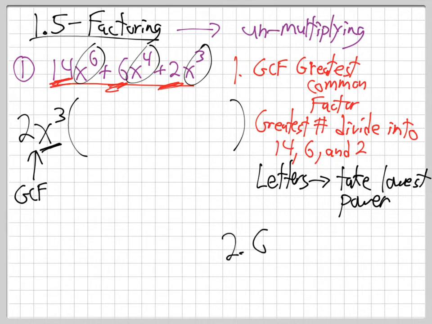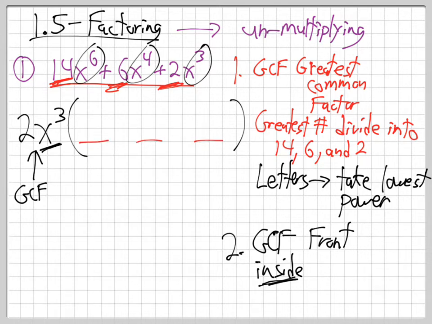Step 2, so GCF in the front, and inside, how do you know what goes inside? Well, there's going to be 3 blanks in here with the plus sign between the stuff.